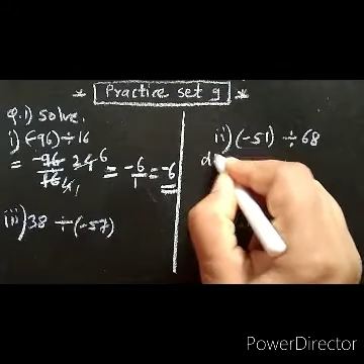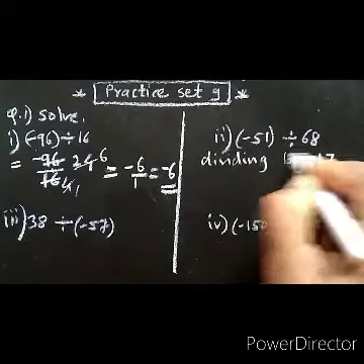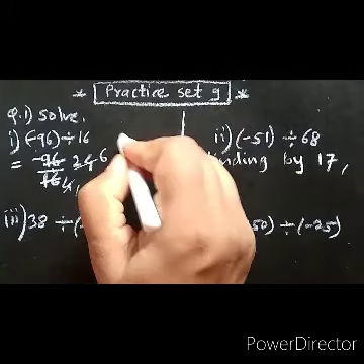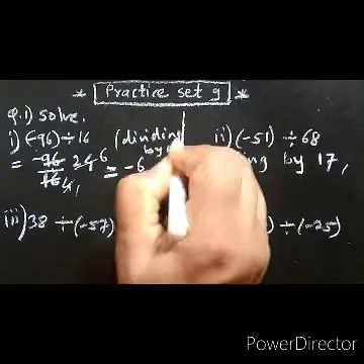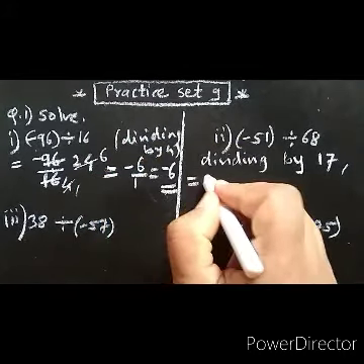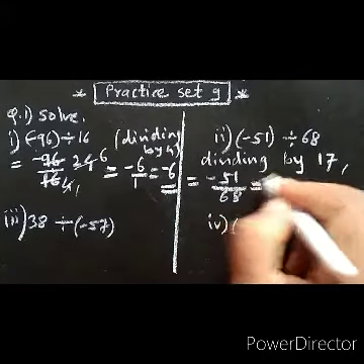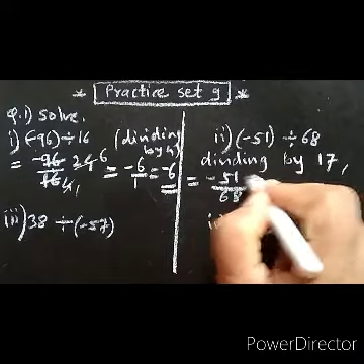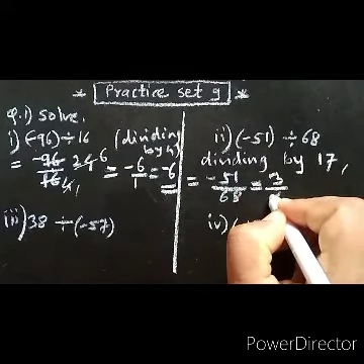So dividing by 17, we get minus 51 upon 68. 17 3s are 51 and 17 4s are 68.